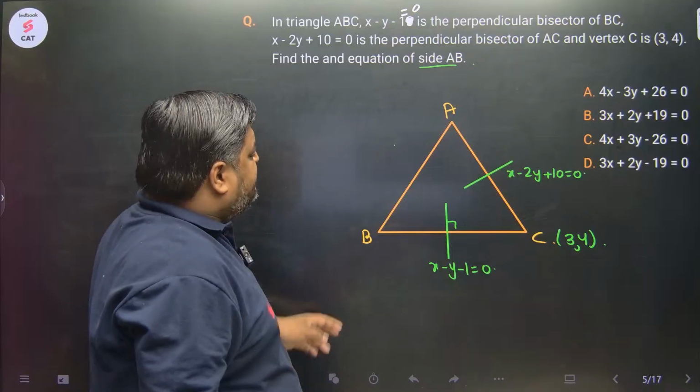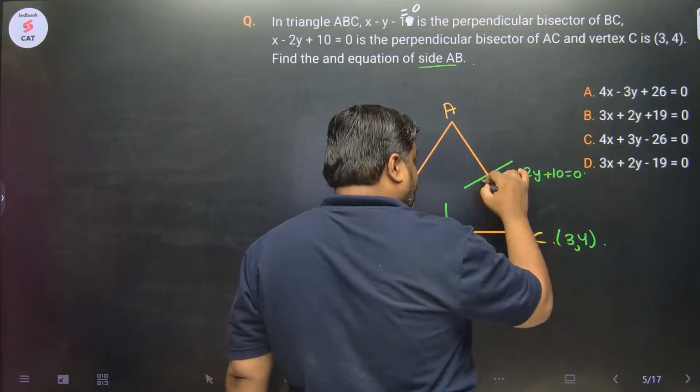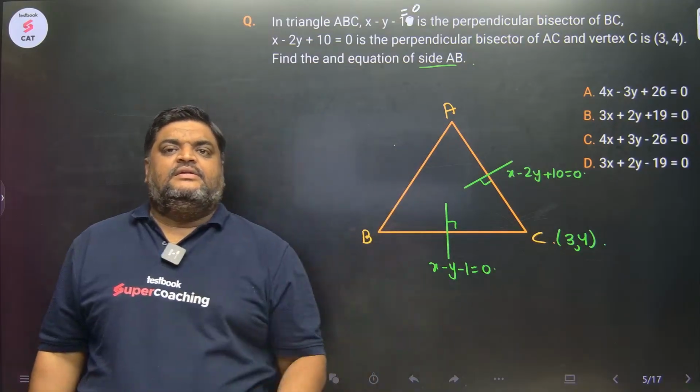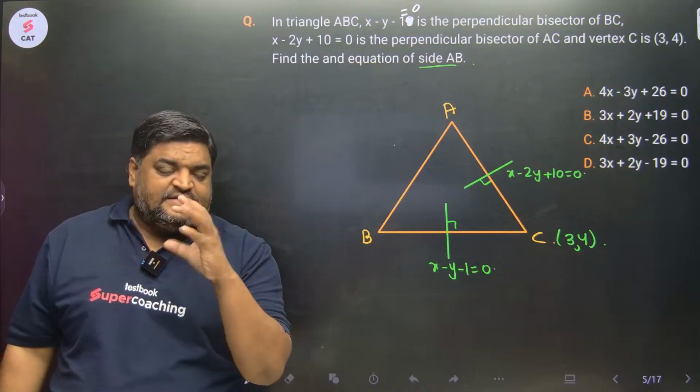अभी AB के equation के लिए, this is perpendicular bisector again. AB का इक्वेशन निकालने के लिए there are multiple ways, but यहां से एक चीज दिख रही है.